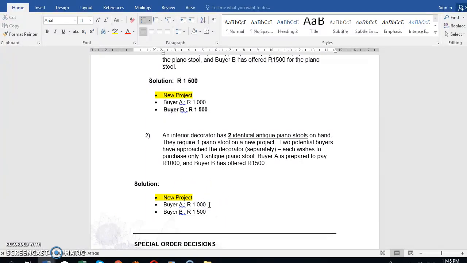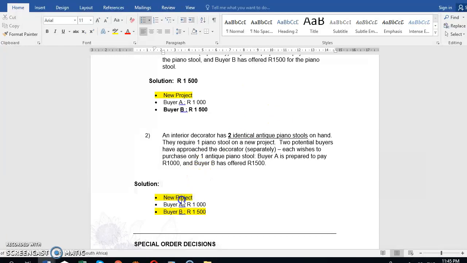Now, a rational business person, if you have two stools, one's going to the project, you have one stool left, you would take the buyer who's prepared to pay you the highest. So you're going to take that option. Alright, so in this second scenario, the only thing that you're foregoing is buyer A, because the new project is being kept happy.